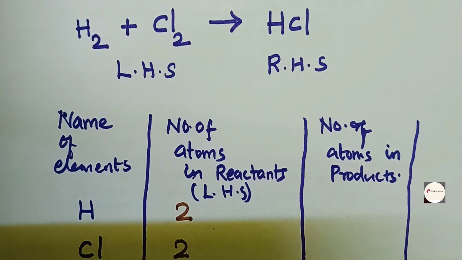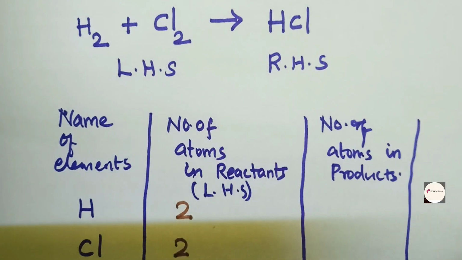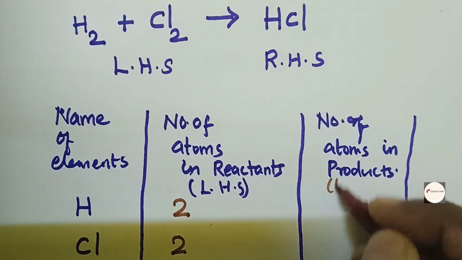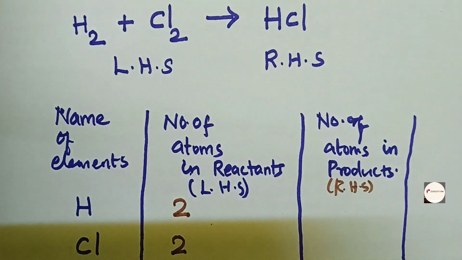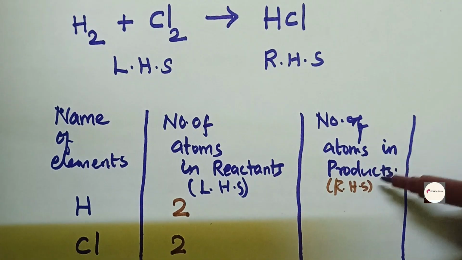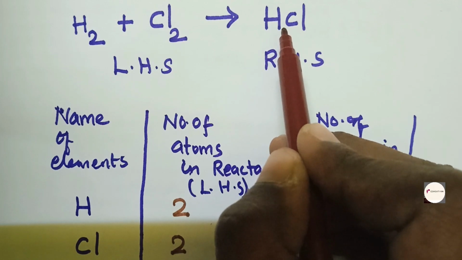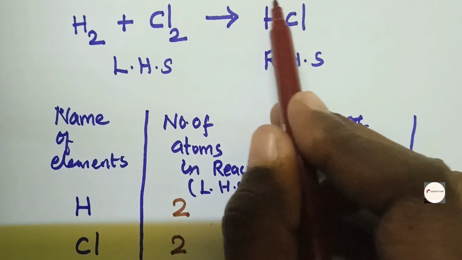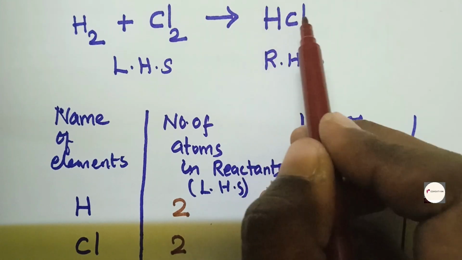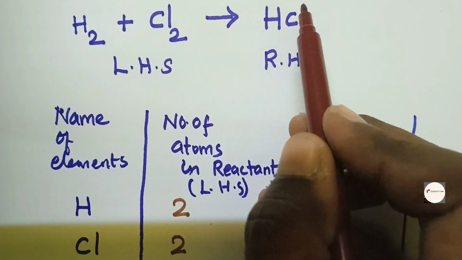Okay, next the right hand side. Look at this, now this is the RHS. Number of atoms in the product side. How many hydrogen atoms are here? If nothing is written here, what does it mean? It means 1. Okay, so only one hydrogen atom is present and only one chlorine atom is present.